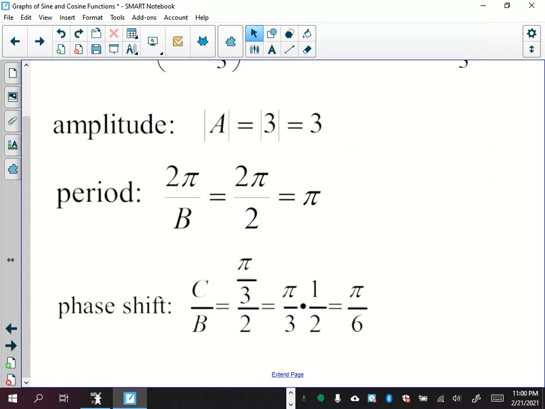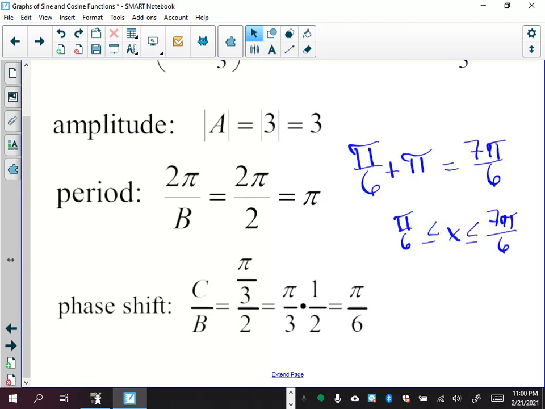We phase shift here. And so now we take what we normally would do, and instead of starting at 0, we're going to start at pi over 6. So now what we need to do is come over here and take our phase shifting and go from pi over 6, and we're going to add a pi.